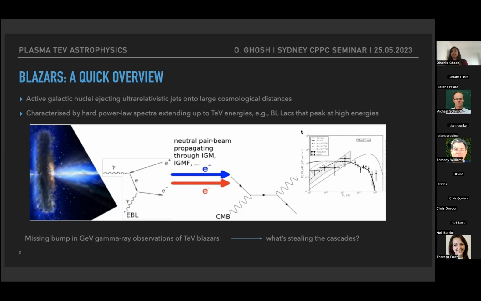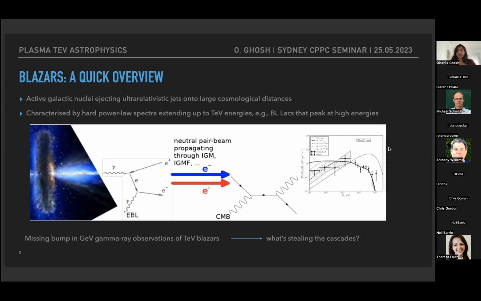So this is just standard model physics, and we would expect this sort of GeV bump here. However, we do not observe this, and this phenomenon has been quite ubiquitous for all TeV blazars that we have observed, this lack of GeV bump.